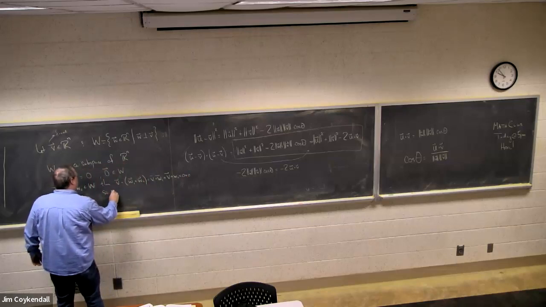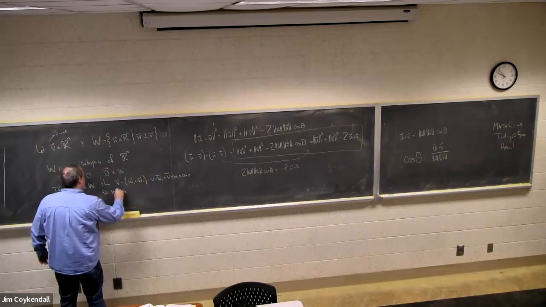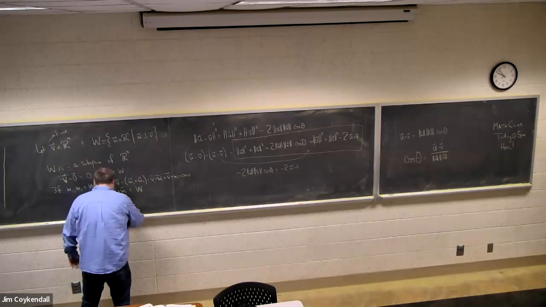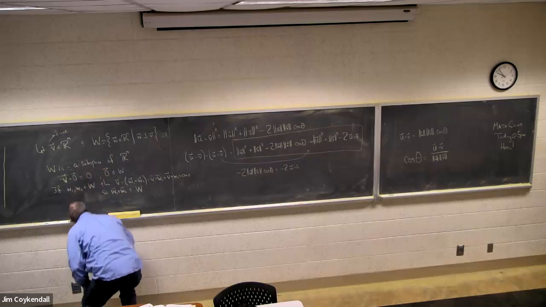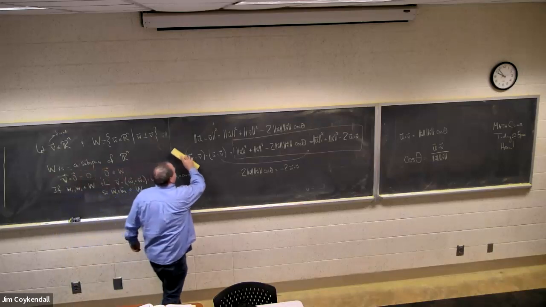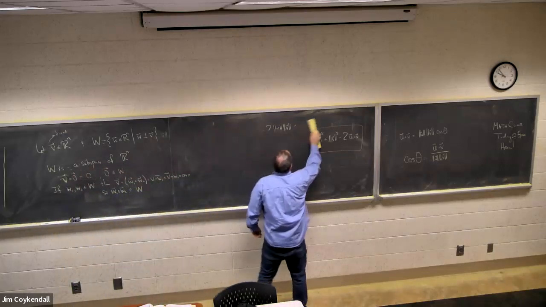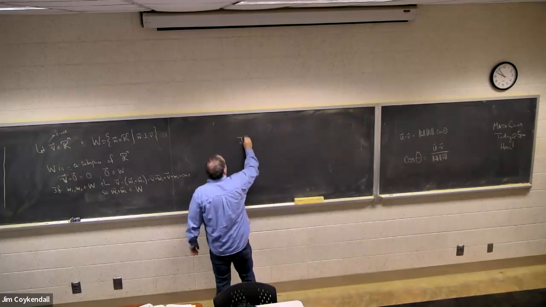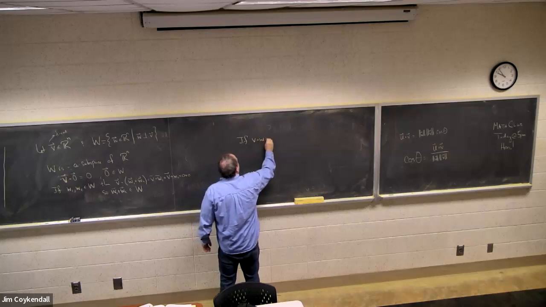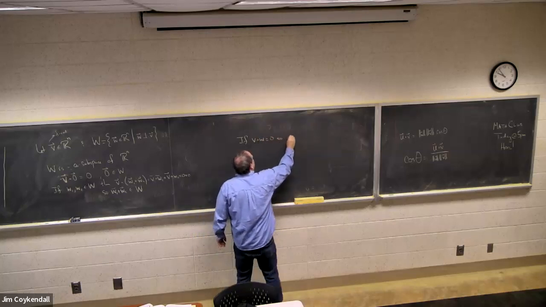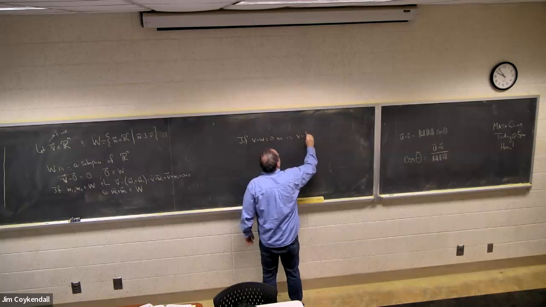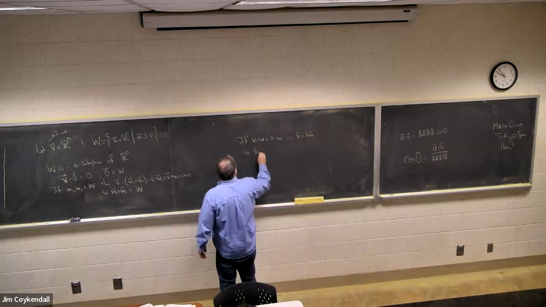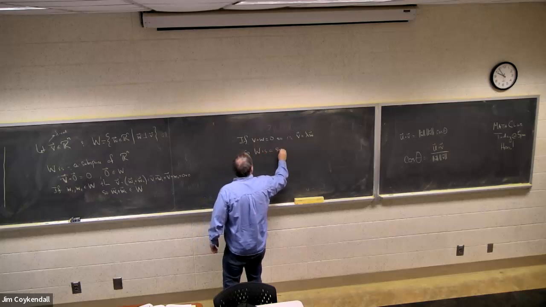So w1 plus w2 is in W. And finally, you need it to be closed under scalar multiplication. Notice if b dot w is 0, so is b dot lambda w. So W is a subspace.